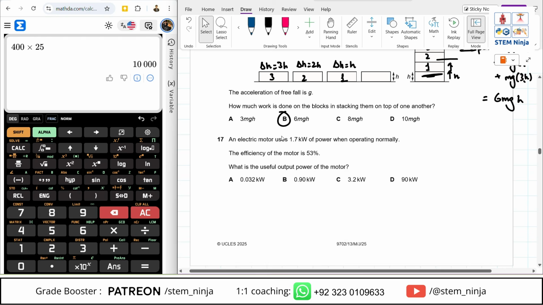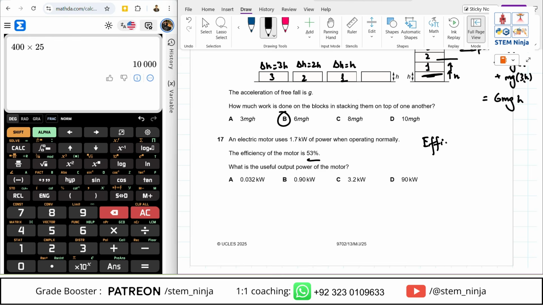An electric motor uses 1.7 kilowatts of power when operating normally. The efficiency of the motor is 53%. What is the useful power output of the motor? This is easy. We just have to multiply, because efficiency is power output divided by power input, and this is in percentage basically.